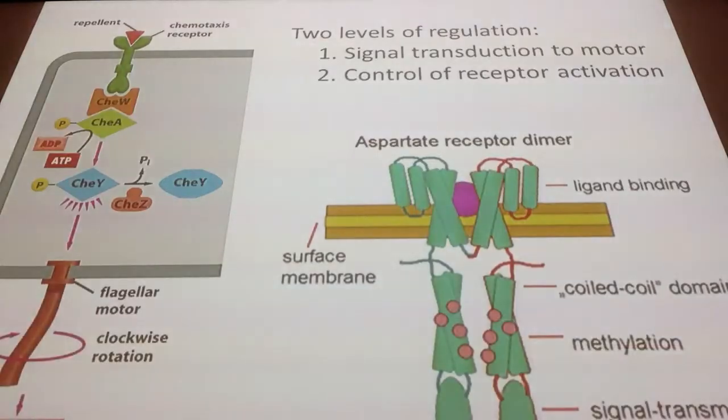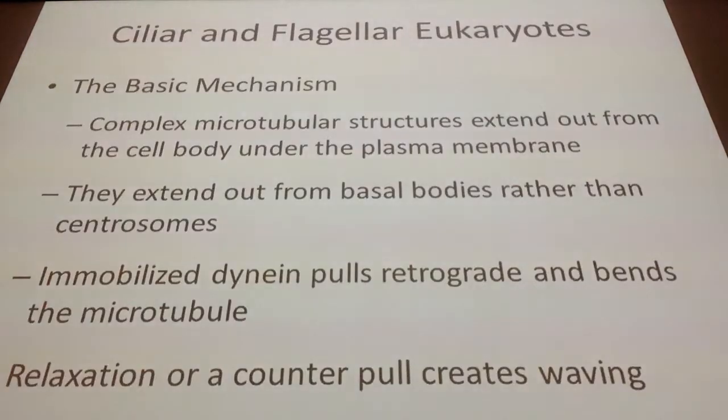Versus cilia and flagella for eukaryotic cells, which are supported by microtubules. So therefore, flagella and cilia for eukaryotic cells do not rotate. They whip around like a dog's tail.